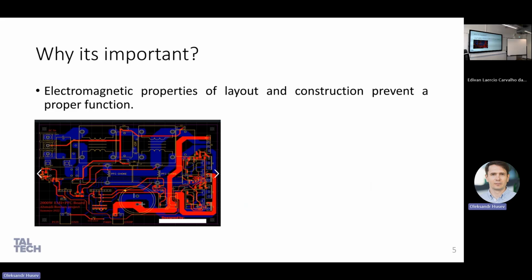Electromagnetic properties can prevent proper function. From time to time I like to say that it's not my design, but it was claimed that it can work. My question to you: can it work for 2 kilowatts? It's something like a mixed signal PCB design.